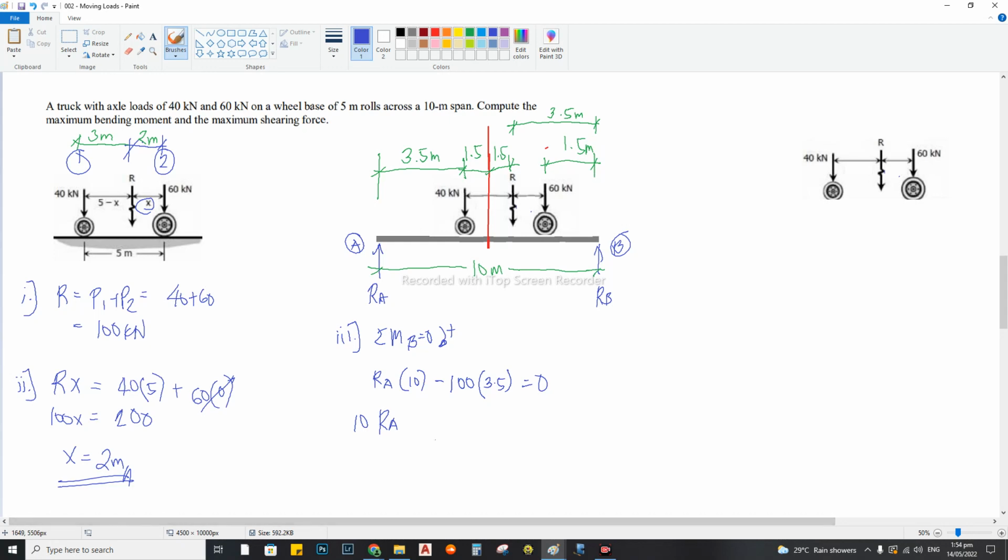Asa na ta? So we have 10 RA is equal to 100 times 3.5. Pila man ang RA? Wait lang.